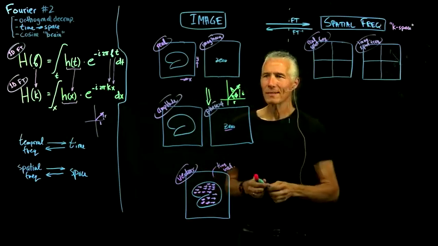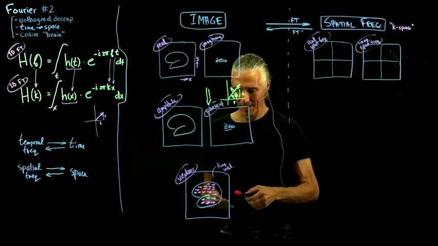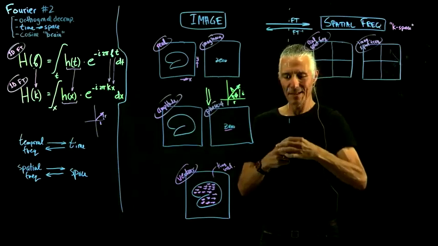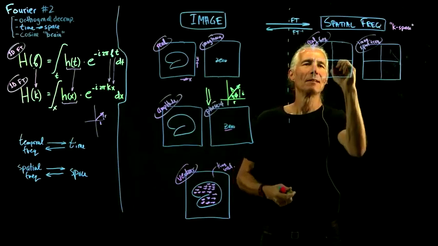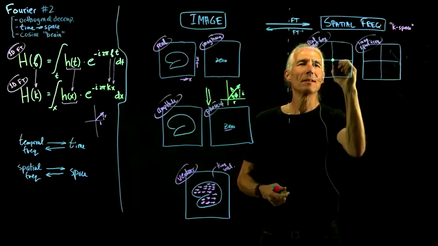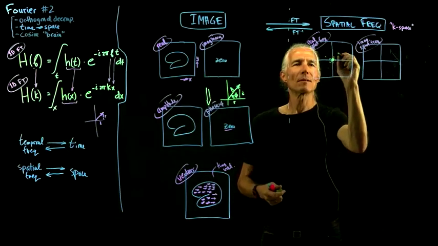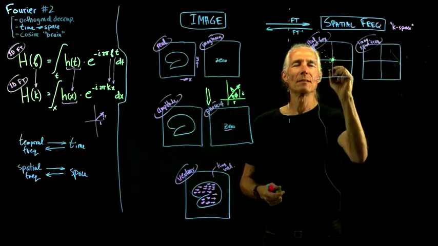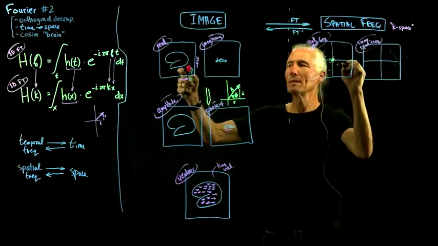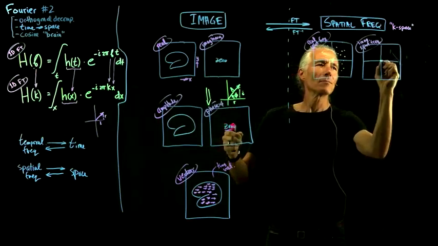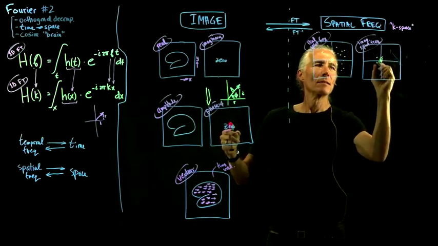So if we look at this, what does it look like? Well, it's got a whole bunch of stuff in the middle. It's a bunch of big numbers in the middle. And then as you go off to the side, the numbers are much smaller. It's a big spike in the middle. If you took the spatial 2D Fourier transform of the brain, both in the real and the imaginary case, the big numbers would all be in the middle, like that.